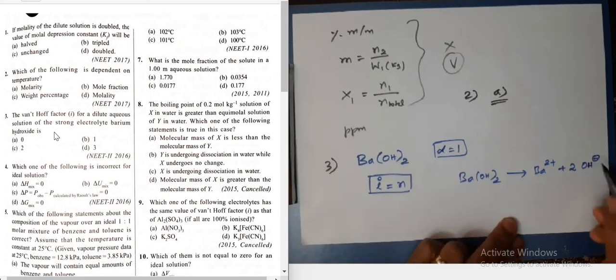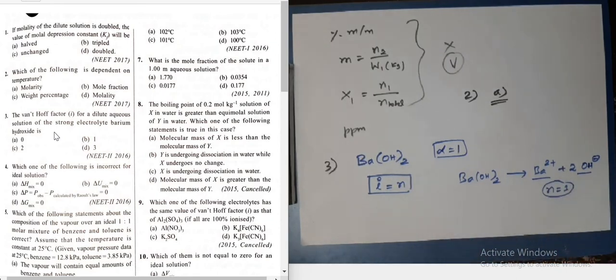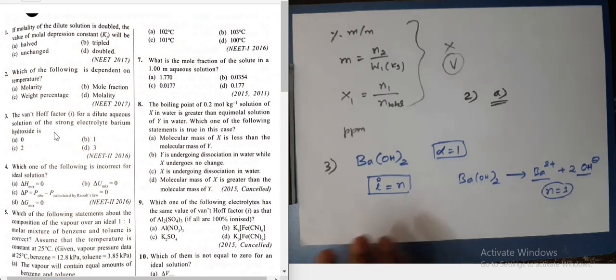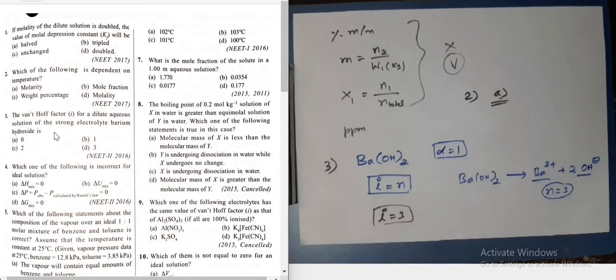So here 1, here 2. The number of ions produced from one molecule is 3. Therefore, the Van 't Hoff factor is 3 for barium hydroxide. Students, is this clear? Any doubt in this?